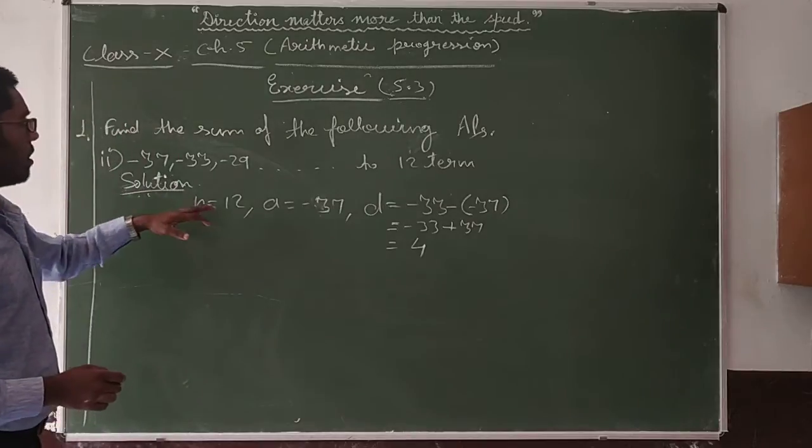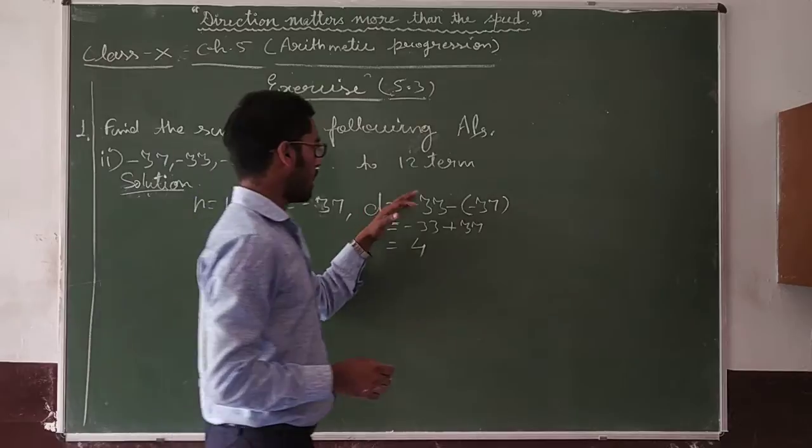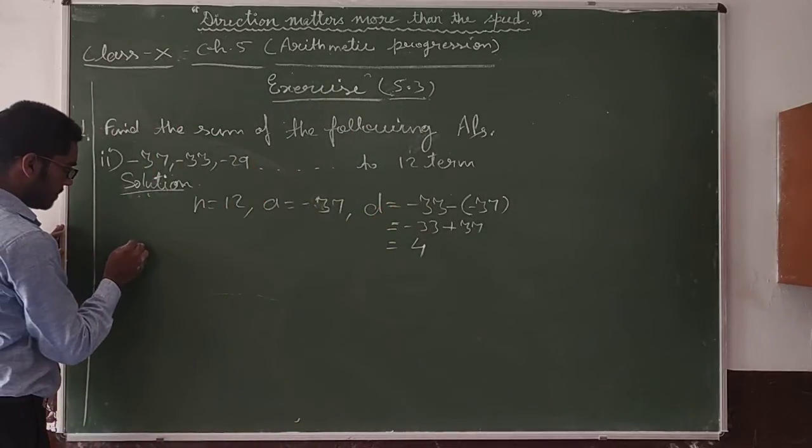Now you have the values of n, a, d. Then find the sum of n terms.